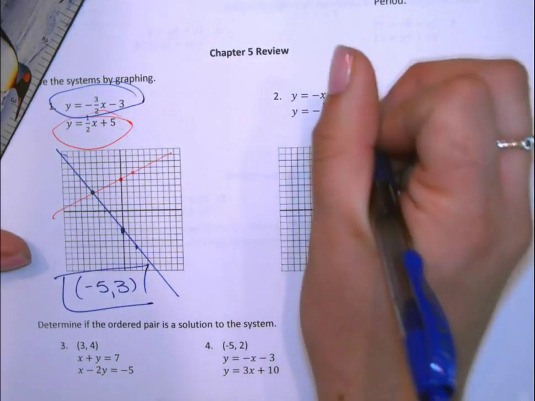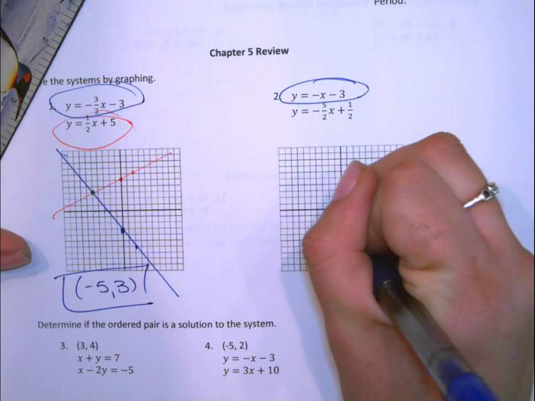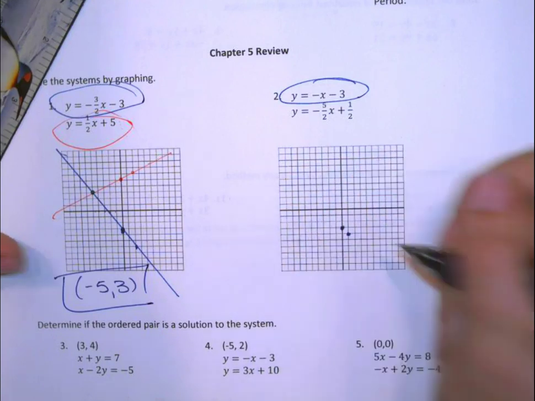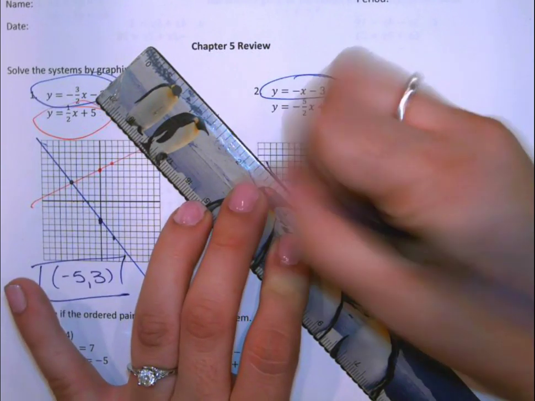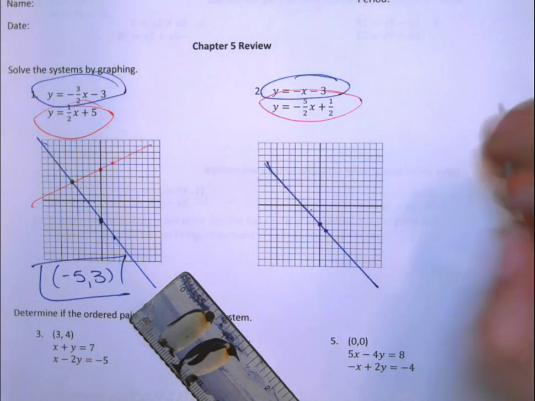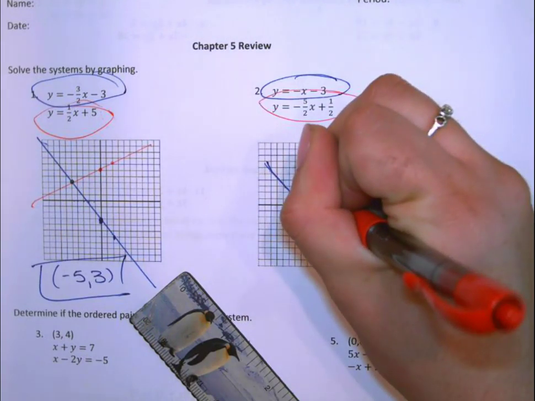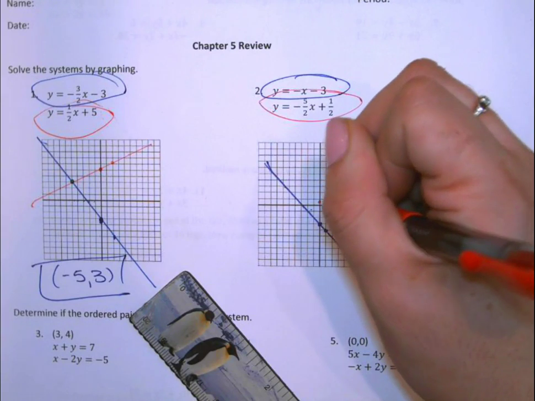Same thing over here. I'm going to graph them. So it goes down 3. My slope is negative 1, so I go down 1, right 1. And I connect my 2 points. Do the same thing with the other graph. A half is in between 1 and 2. So then I'm going down 5 halves from that.